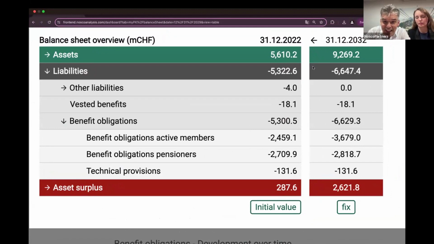So you see how the fund looks like in 2022 and then 10 years later. Now this fund is the same pension fund that we have shown before, the one with a balance sheet size of about 7 billion Swiss francs. That's a bit more in dollars, right?